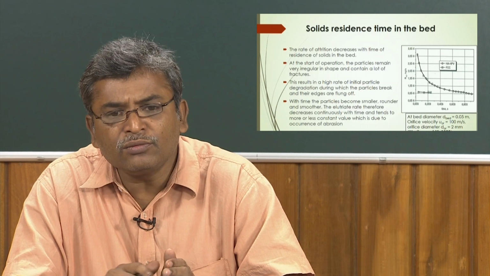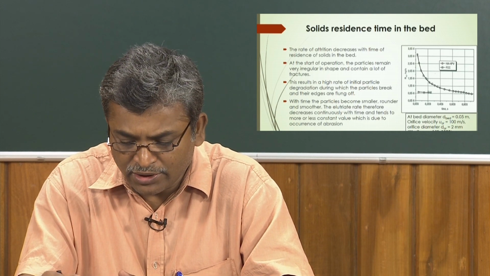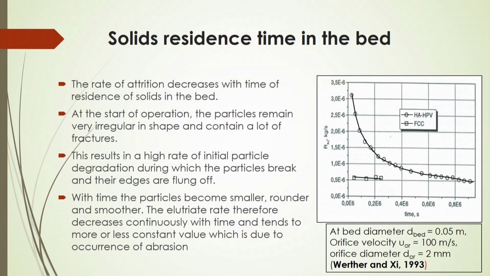So, with respect to time, it is seen that this attrition rate gradually decreases, as shown in the figure also. Werther and Xi, 1993, have shown this trend at a bed diameter of 0.05 meter and an orifice velocity of 100 meter per second, whereas the orifice diameter is 2 millimeter.